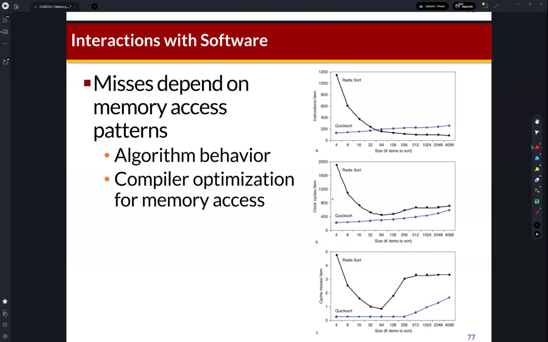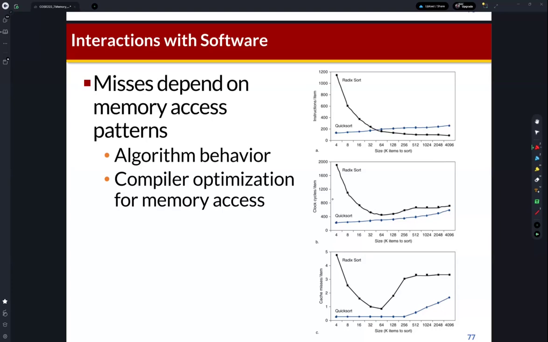Let's learn about the impact from the workload. Okay, so what does that mean? I mentioned that the cache hit rates are influenced by the workload. It depends on access patterns in applications.